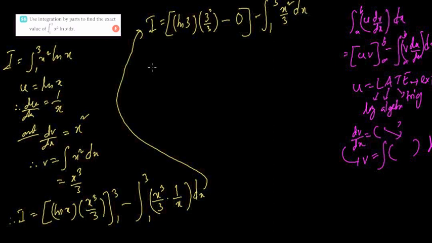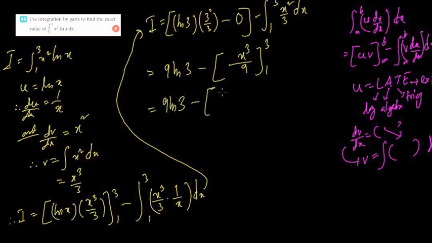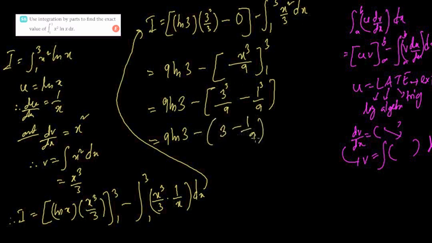So this would be 9 ln 3, since 3 cubed is 27, by 3 is 9, minus, now integration of x squared is x cubed by 3, and we already had a 3 before, so this would be 9, with limits 1 to 3. So 9 ln 3 minus 3 cubed by 9 minus 1 cubed by 9, that means 9 ln 3 minus 27 by 9 is 3, minus 1 by 9, so 9 3s are 27 minus 1 is 26. So 9 ln 3 minus 26 by 9 is the integral.